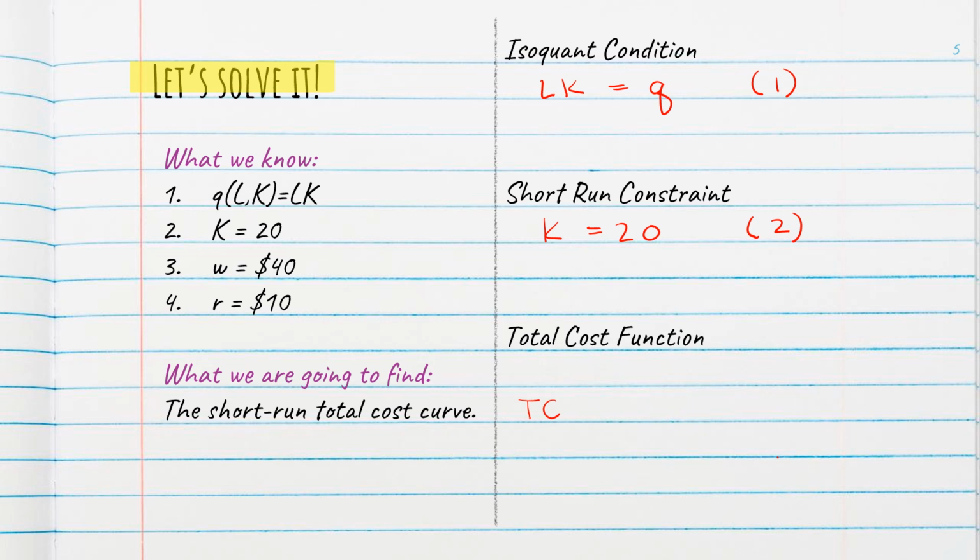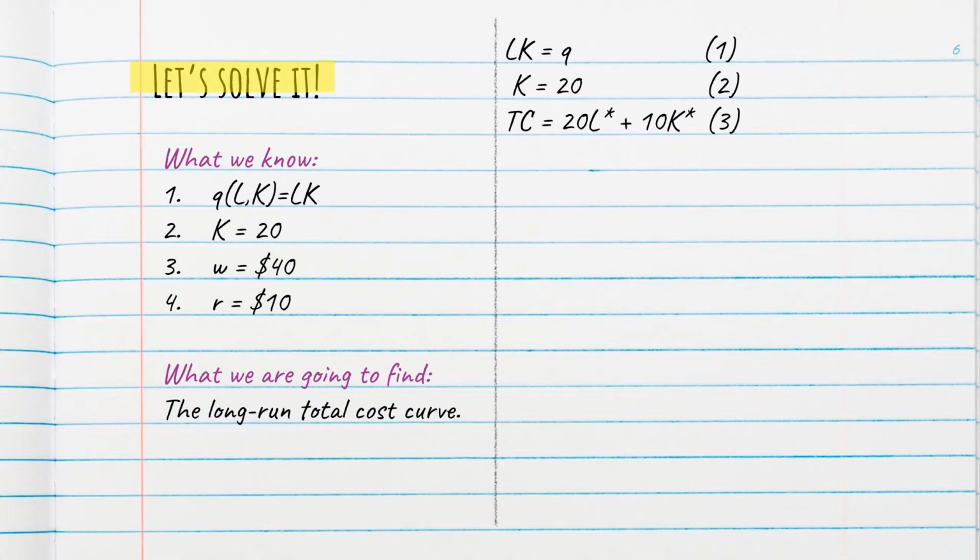So filling in what we know, we have total cost is 40 times L star plus 10 times K star. We'll call that equation 3. Once we write down all these things that have to be true along the short run total cost curve, solving it actually becomes pretty easy.